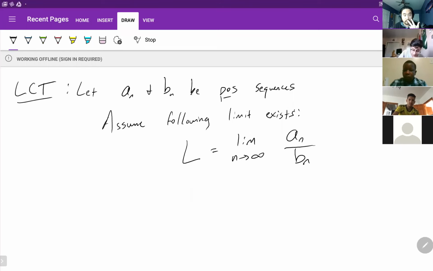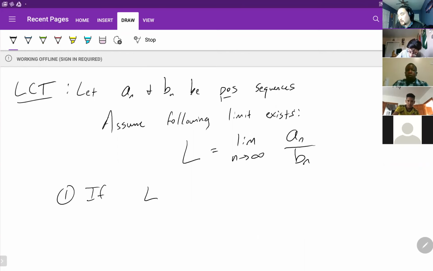Three possible outcomes happen with this L value, okay? The first outcome, which is probably the most common, is if L is, they say greater than 0, but infinity is greater than 0, right?